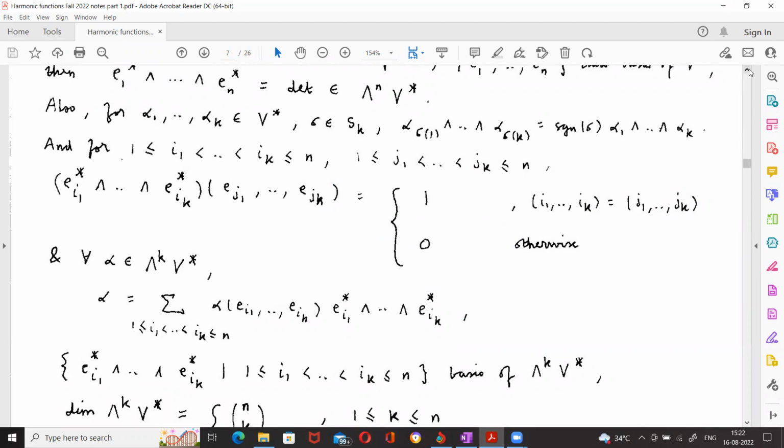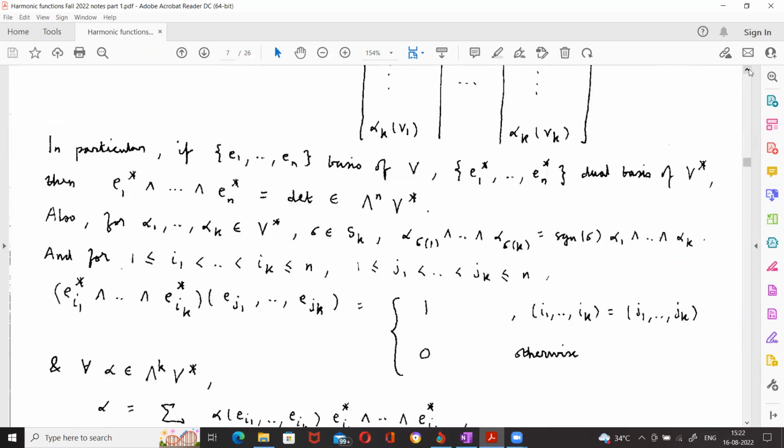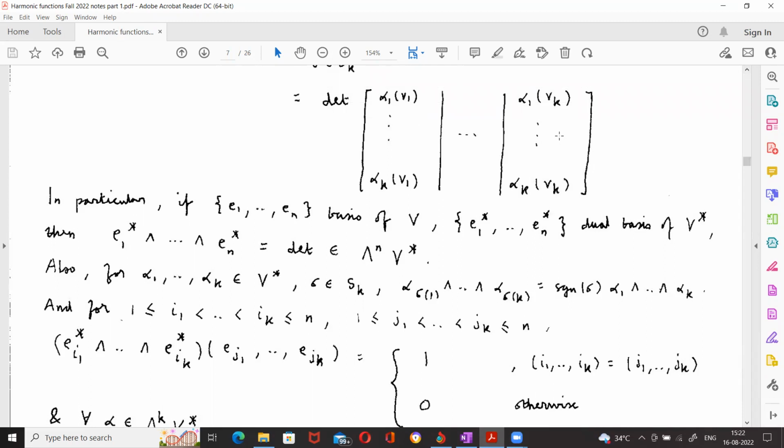So how do we see this? We can write this as the determinant of a k by k square matrix.